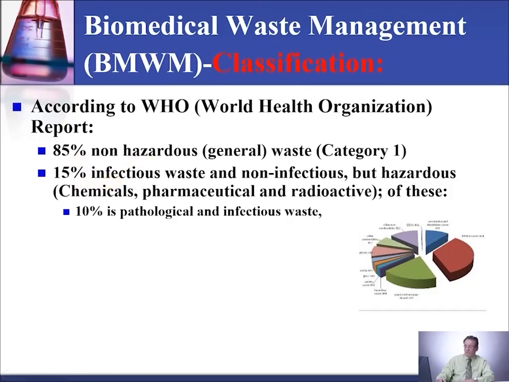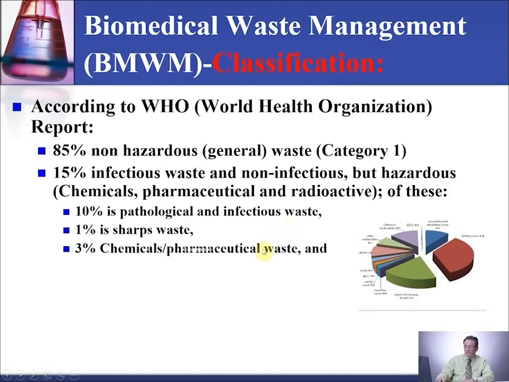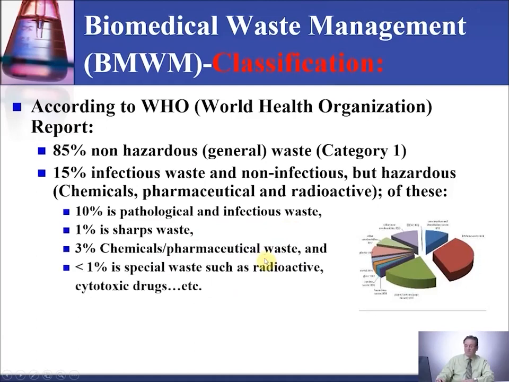Now, out of this 15% infectious waste and non-infectious but hazardous waste, 10% is pathological and infectious waste, 1% is sharp waste, 3% is chemical and pharmaceutical waste, and less than 1% is special waste such as radioactive waste.